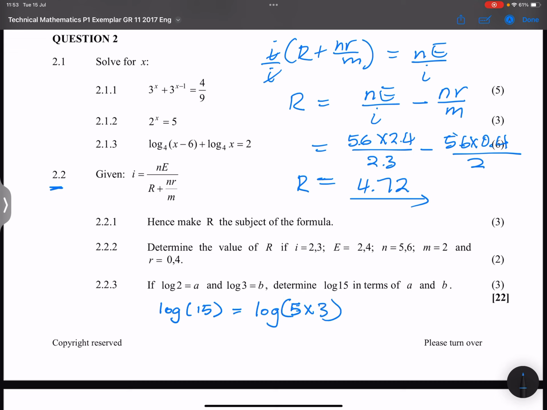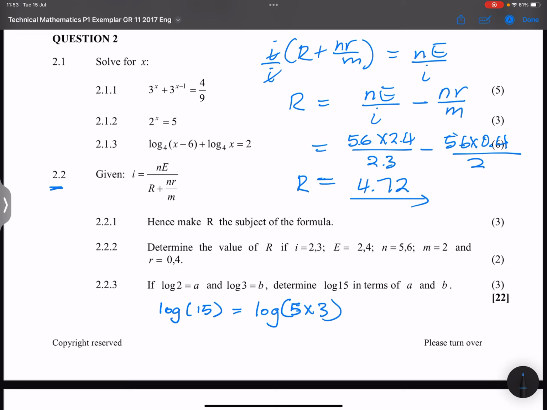Now remember, all that we have here is 15, which is 5 and 3. So we need to find a way in which we can express that in terms of 3 as well as in terms of 2.